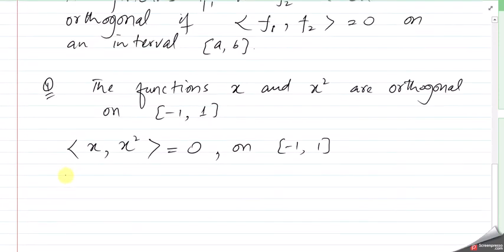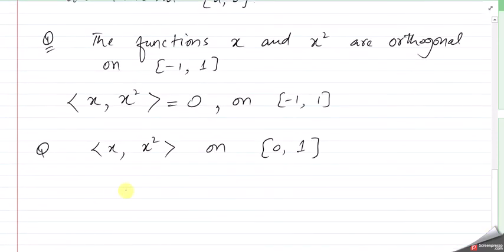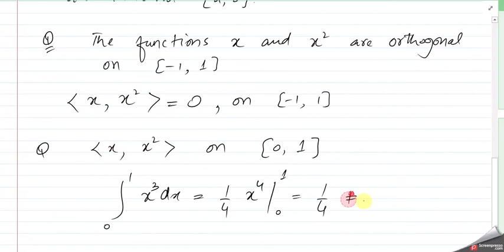But what if I take the same two functions? Let's say if I take x and x square on 0 to 1. So what will happen if I take 0 to 1? Same functions but a different interval. So if I integrate 0 to 1 x cubed dx, that is 1 by 4 x to the 4 from 0 to 1, and it is equal to 1 by 4, not equal to 0.